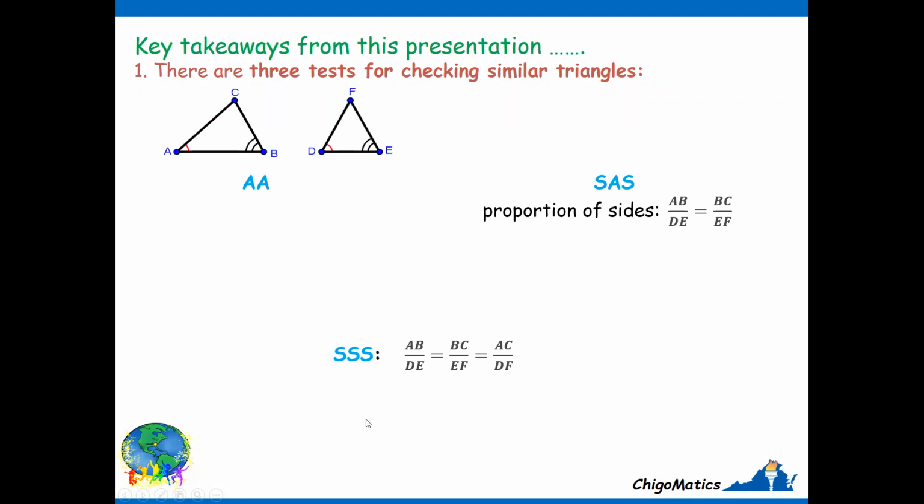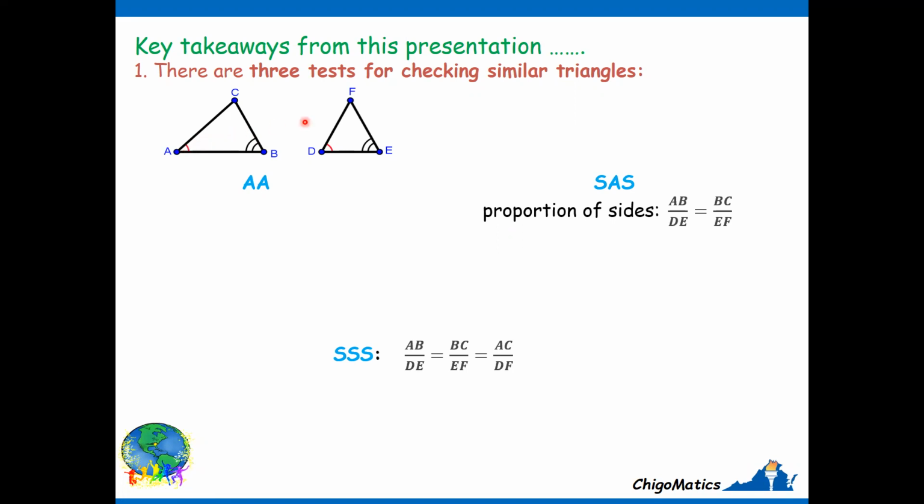But note that it is important to know the meaning of what it is that you are saying, AA and what it is that you are saying, SAS and SSS. AA means as long as you could identify a pair of equal angles, then we can conclude that the two triangles are similar.